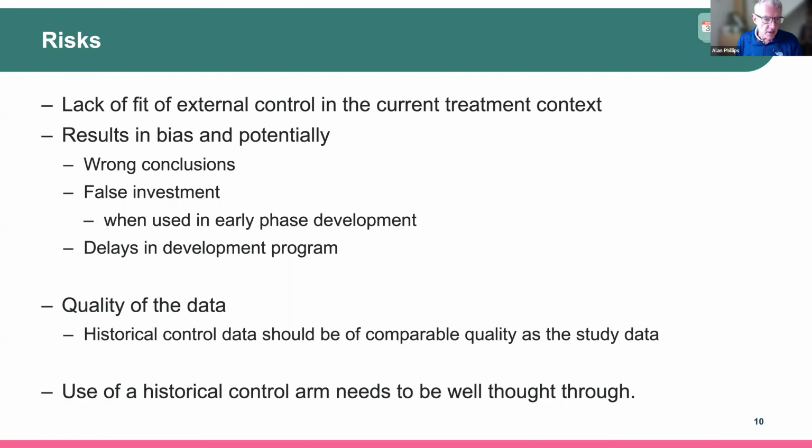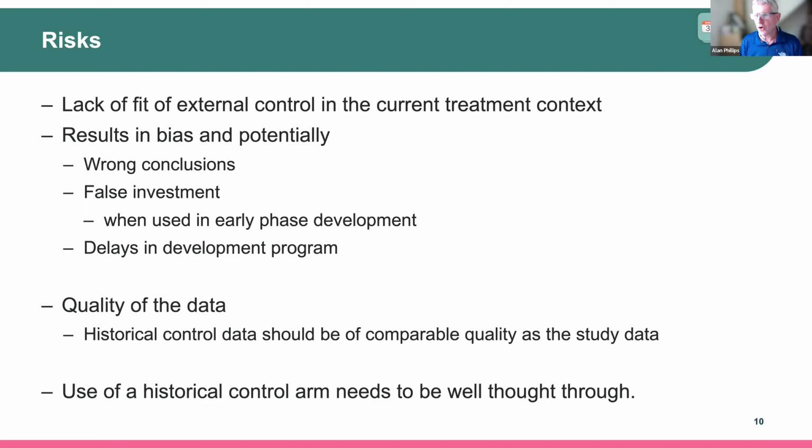The other advice I'd give you is always think that the historical control data should be of comparable quality to the study data. So don't think that just because you're using real world data as a historical comparison, you can live with a lesser standard for that data. You can't.